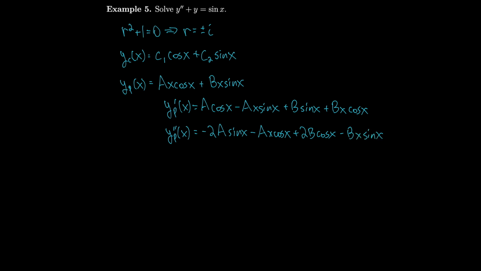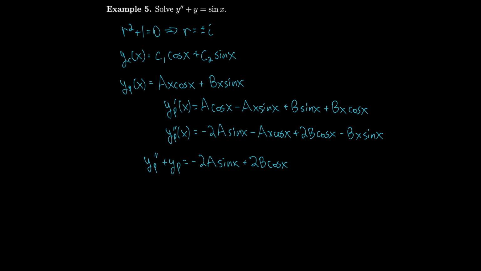So that means that if we want to plug in for y double prime plus y, we'll plug in yp double prime plus yp, and we'll get -2a sine x plus 2b cosine x, because notice that ax cosine x cancels with that, the bx sine x cancels with that, so that's all we have left.